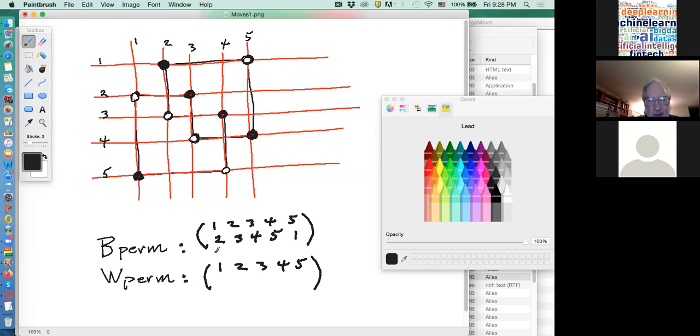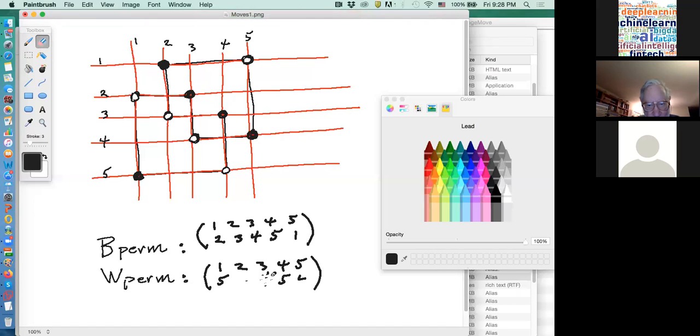The white permutation. Row 1, 5. Row 2, 3. Row 3, 4. Row 4, 5. And row 5, 4. I'm sorry, I got myself confused. Oh yeah, I flipped from black to white, didn't I?